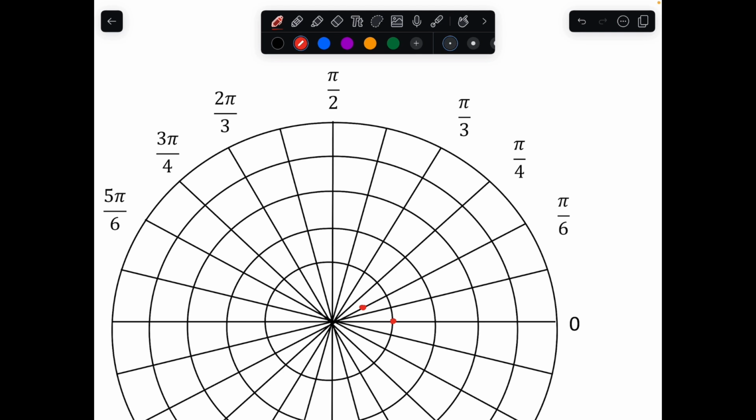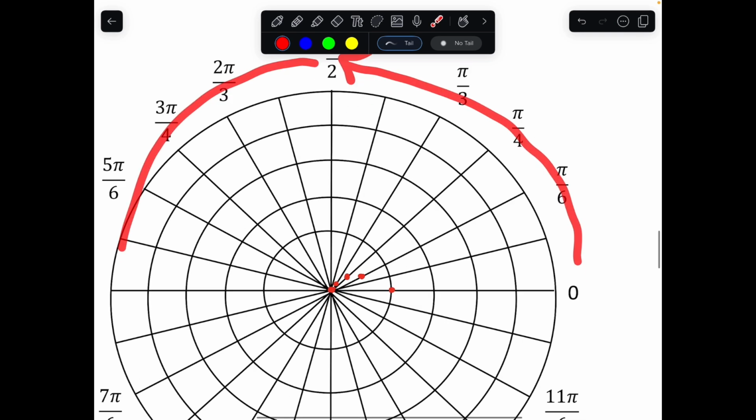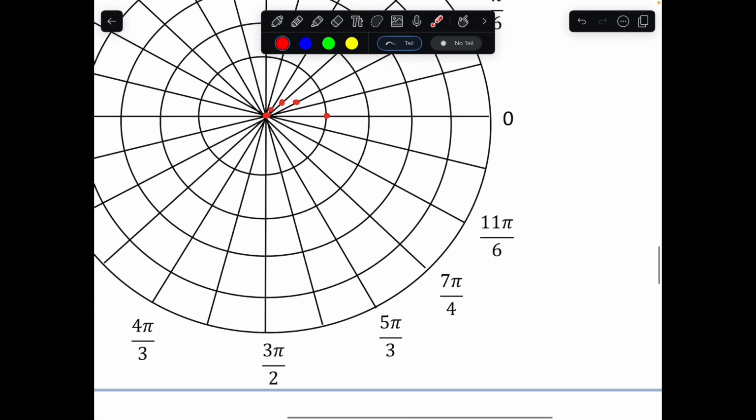We then had 0.3 at pi over 4. So it's a little bit smaller than that. And then we had 0.15 at pi thirds. So that's even smaller. And then we had a value of 0 at an angle of pi halves. So those were these angles.